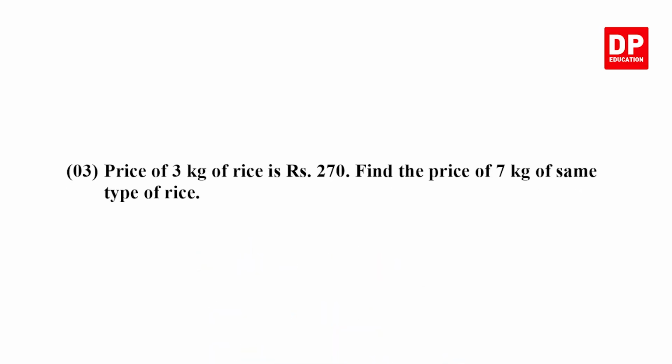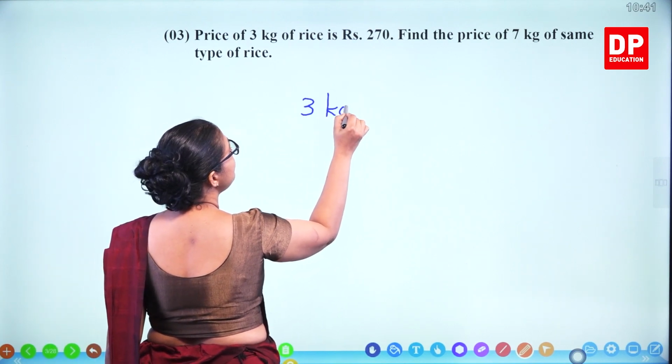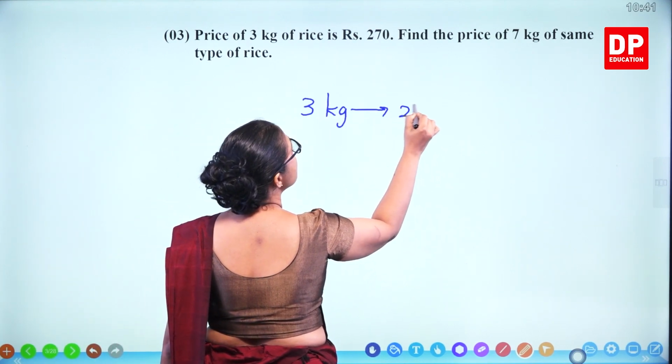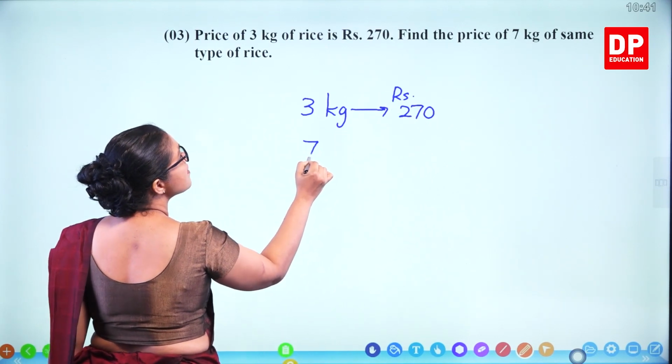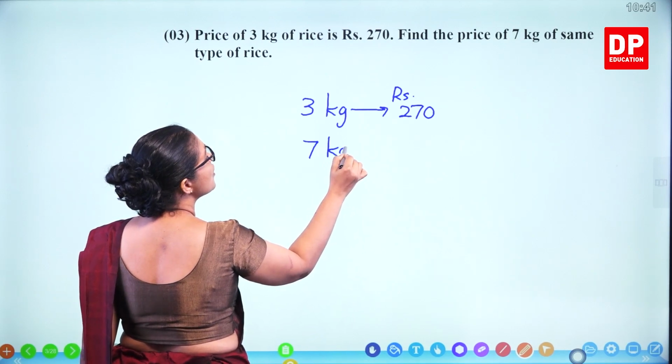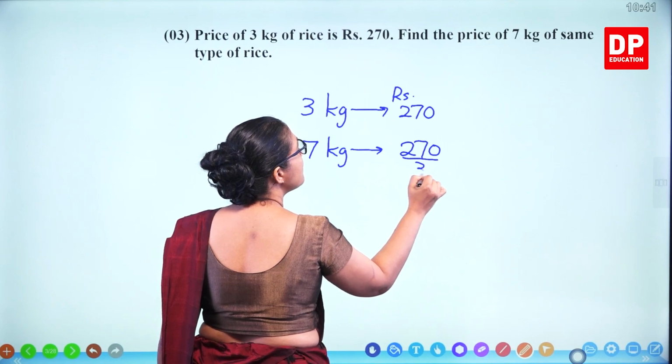Question number 3. Price of 3 kilos of rice is 270 rupees. Find the price of 7 kilos of the same type of rice. 3 kilos, you get 270 rupees. They are asking 7 kilograms. So what do you do? Find for 1, that means 270 divided by 3.